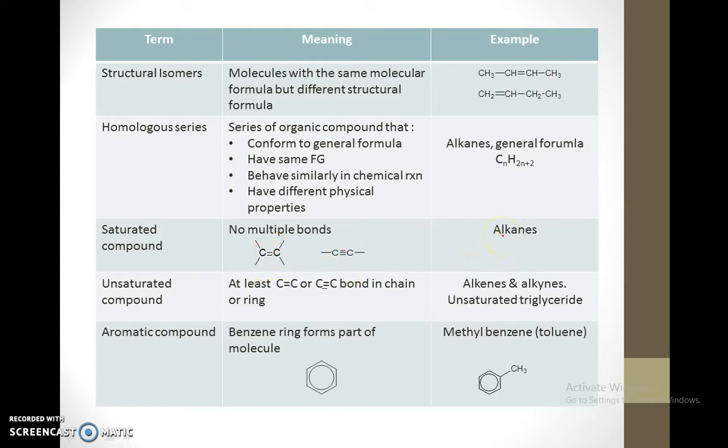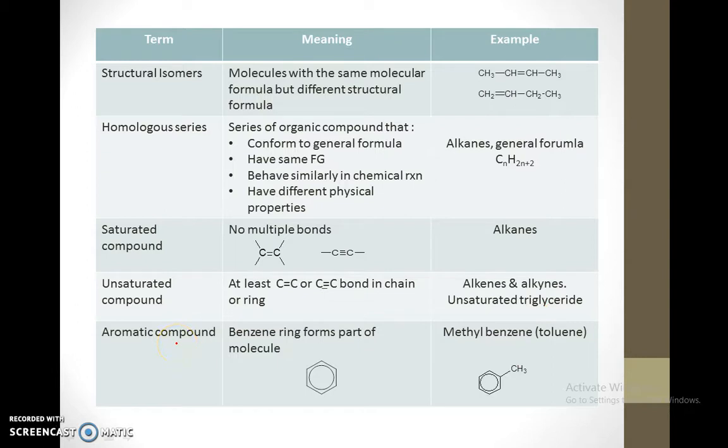An example of a saturated compound is alkanes. Next, unsaturated compound means it must have at least a double bond or triple bond in a chain or ring. For example, alkenes and alkynes, as well as unsaturated triglycerides that you will learn later.